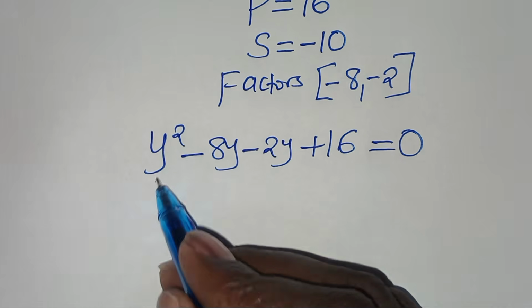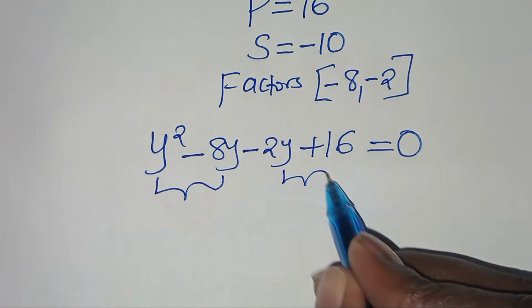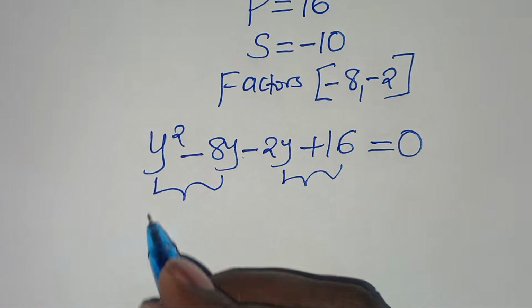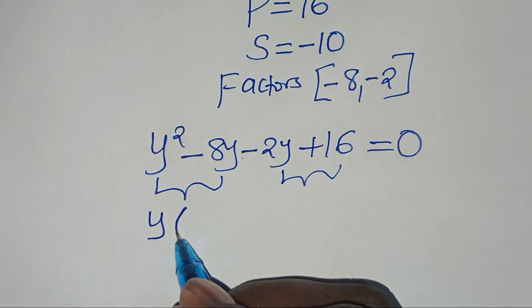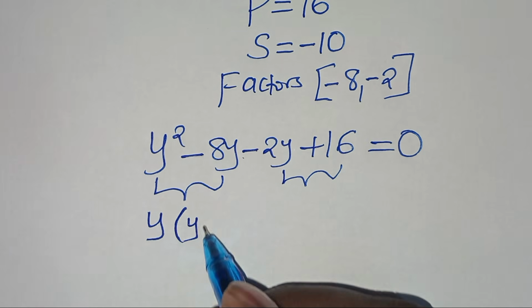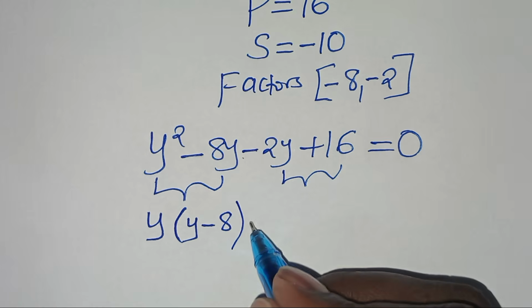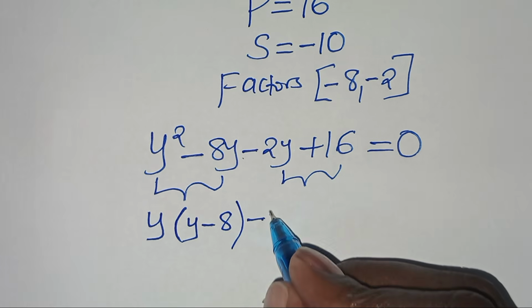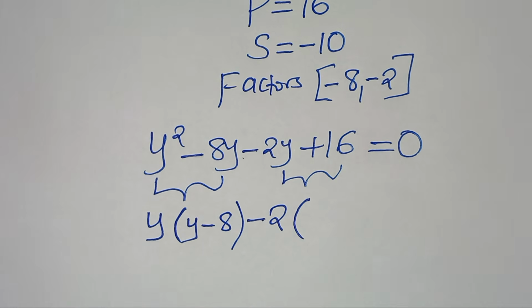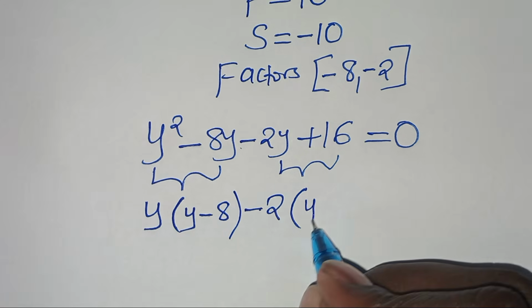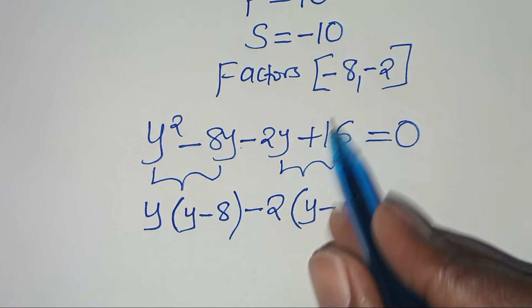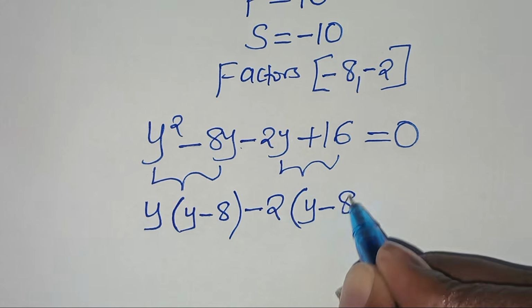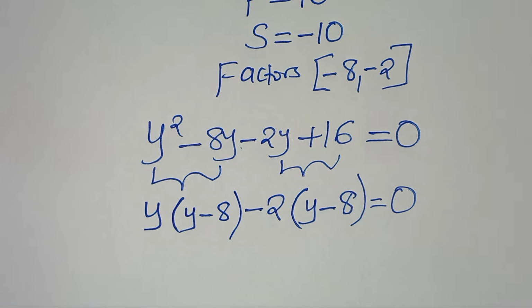So we have got two parts here. From the first part, y is common. Let's factor out y so that we have y subtract 8, minus 2 is common here. Let's factor out 2 so that we have y subtract 16 divided by 2, this is 8, and this is equal to 0.